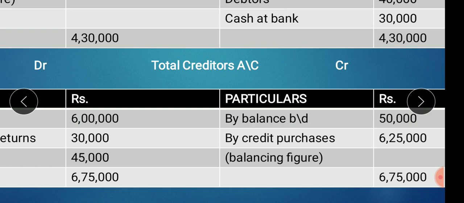After entering the paid and received items for both sides, total the debit side first: 6,75,000 is the highest value. Then the lowest value is just 50,000 on the credit side. 6,75,000 minus 50,000 gives the total value 6,25,000. So this is a balancing figure. This value is known as credit purchase.